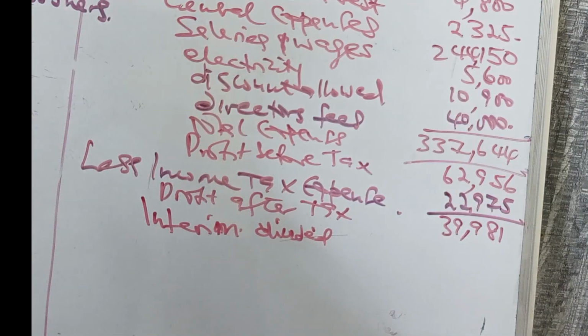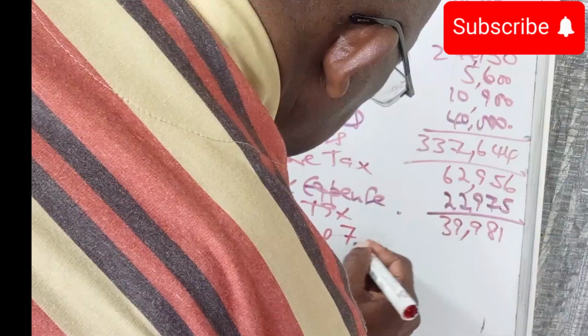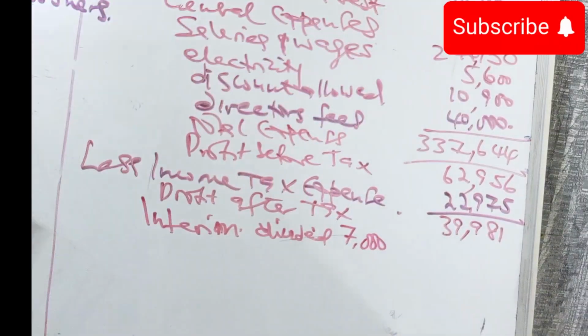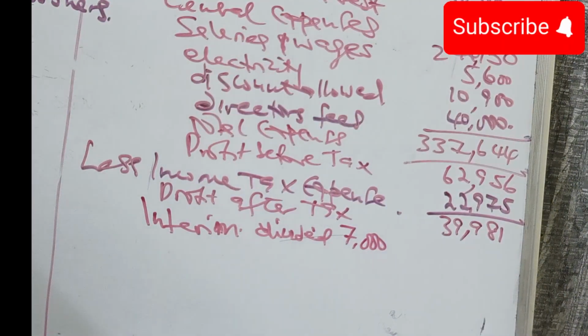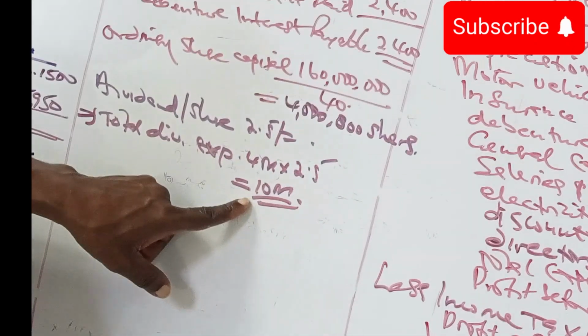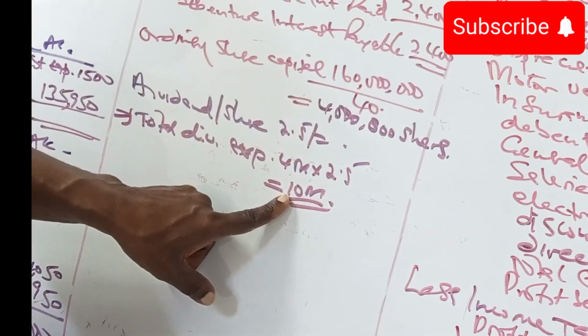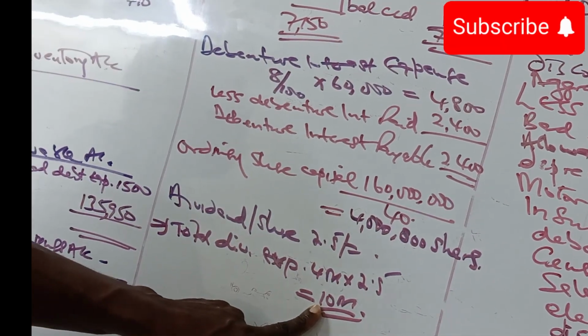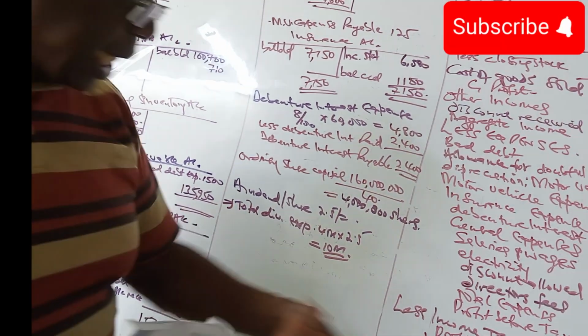We are told that interim dividend is 7,000. That was paid in the trial balance. But we talked about dividends amounting to 10 million. Although it's an expense, it is not paid. So you deduct it here.